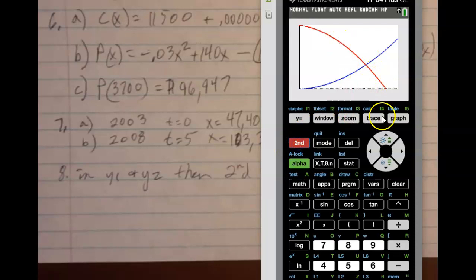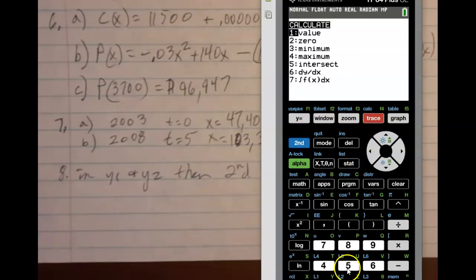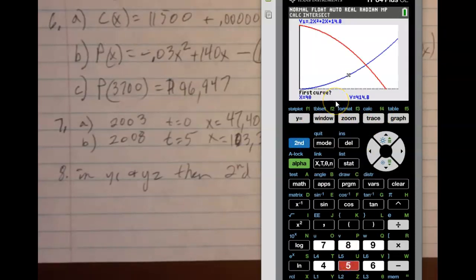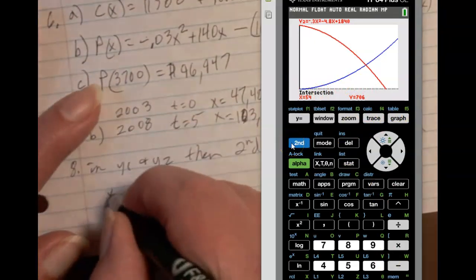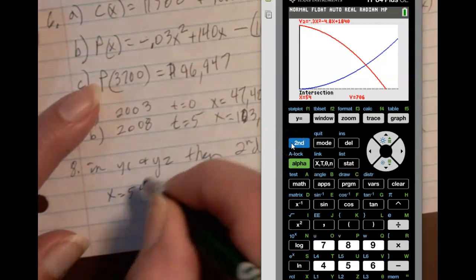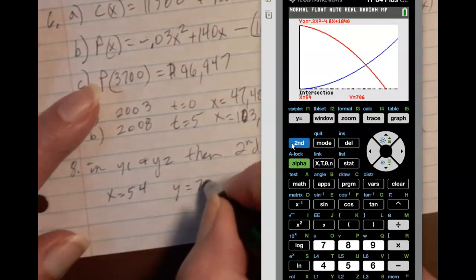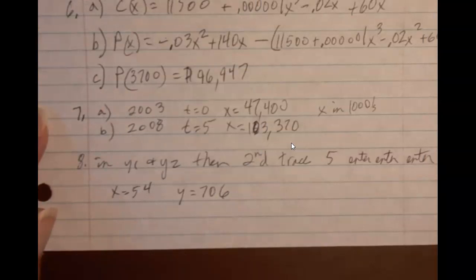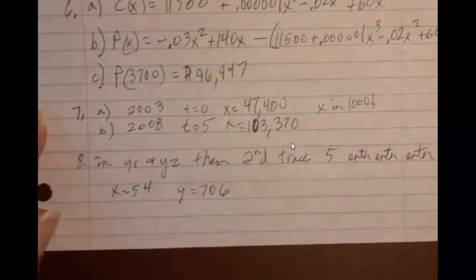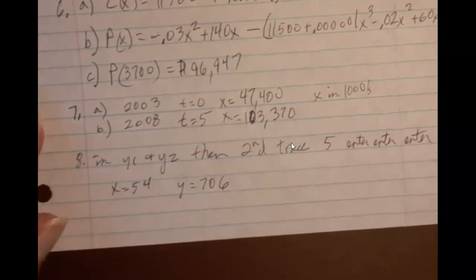So second trace 5, and then it's going to ask you first curve enter, second enter, guess enter. So you're just doing enter. And it tells you the intersection is 54 and 706. So I get x equals 54 and y equals 706. Then I need to write a statement saying what I think the production recommendation should be.